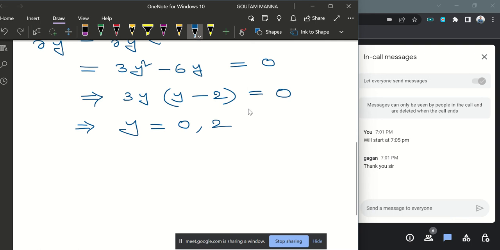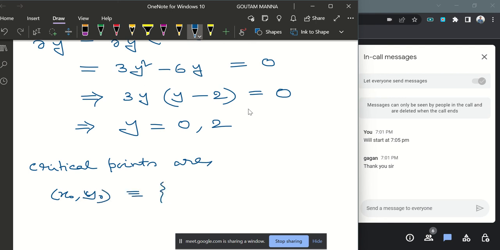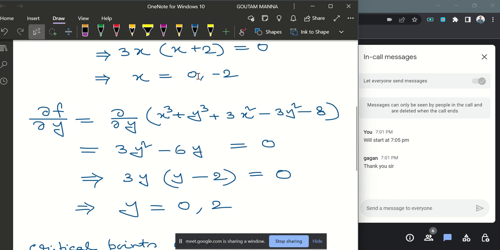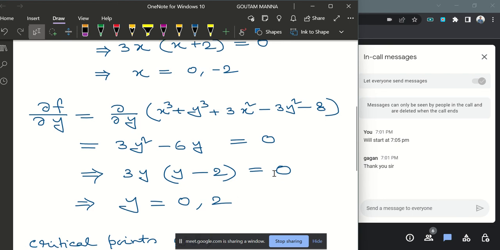So the critical points are x0, y0. It's a set of 4 points. For x equal to 0 there can be two y values, that is 0 and 2, and for x equal to minus 2 there can be two y values, which are again 0 and 2.